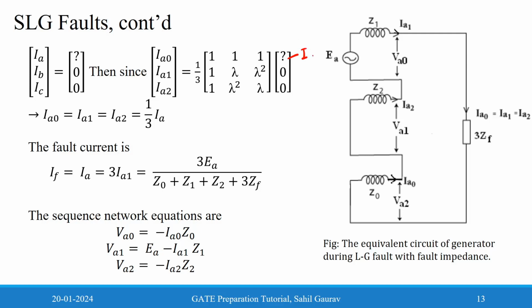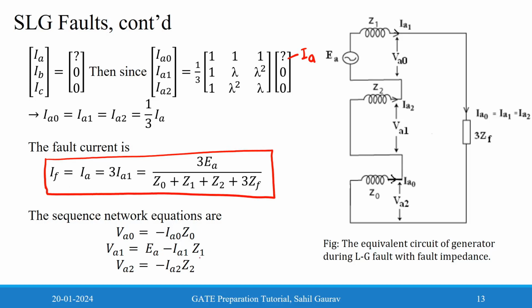So the fault current IF is equal to IA is equal to 3 IA1, and these are the important equations for the LG fault. Based on this figure, you can write the sequence network equations.